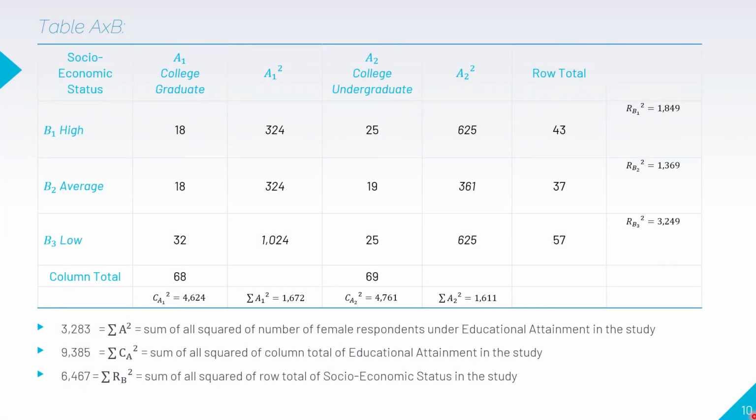Next, let's go back to our table A by B, which is the educational attainment and our socioeconomic status.